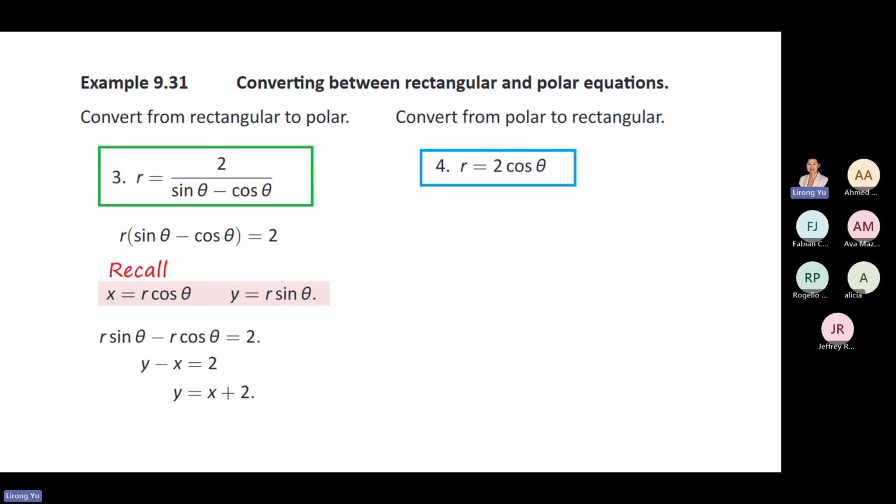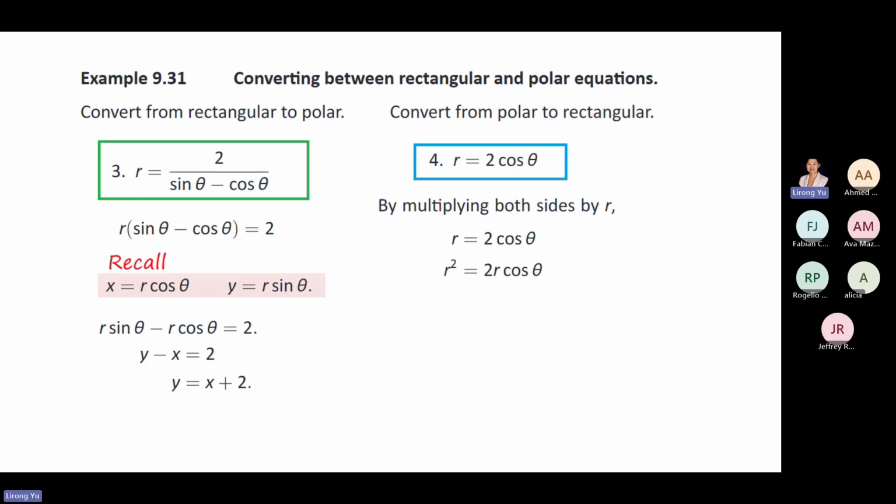Right, so that's the solution for number 3. Let's look at this one. Again, we don't see how to convert this, but what we can try is this: an equation can be changed as long as we multiply both sides of the equation by the same thing. So we multiply both sides by r.